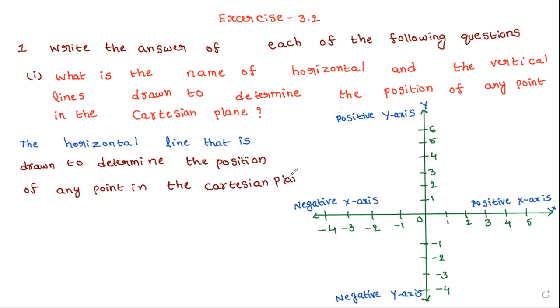Cartesian plane means graph. It is called the x-axis.